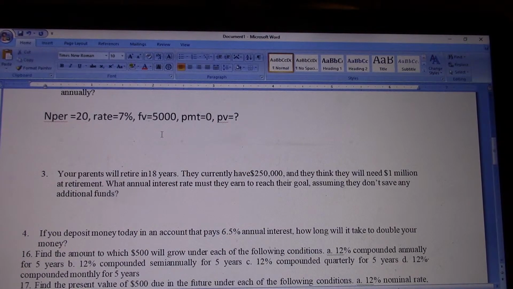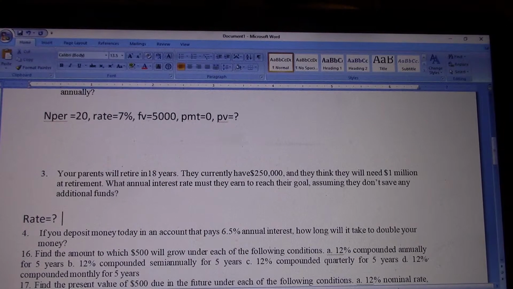The third one is an easy one, all right? It's asking for the rate, so the question mark should be the rate. N is 18.